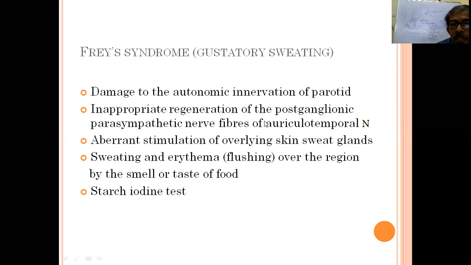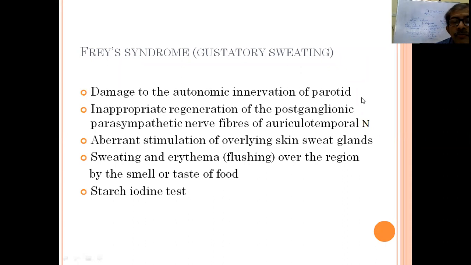This auriculotemporal nerve is a branch of which nerve? Yeah. So auricular, yes, ninth cranial nerve, very good, correct. Mandibular, yeah, you might have answered my second question.